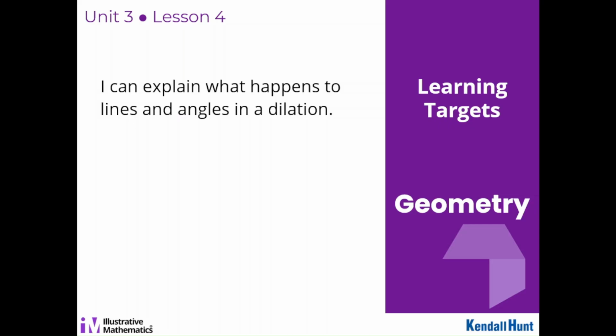The points on the lines are either getting closer to the center point if you multiply by a fraction between 0 and 1, staying exactly where they are if you multiply by 1, or they're getting farther away from the center if you multiply by more than 1. So with that in mind, the lines are either getting shorter, staying the same, or getting longer.